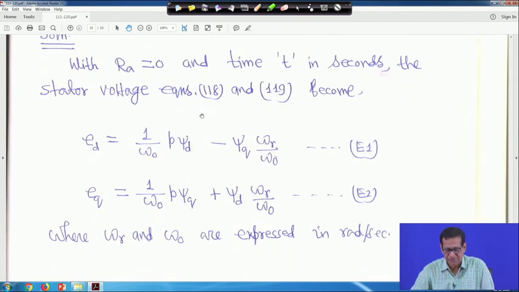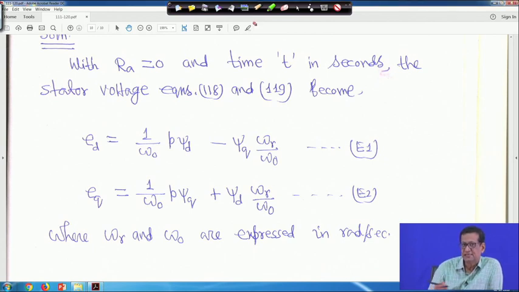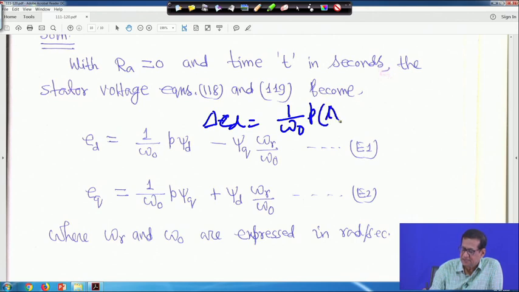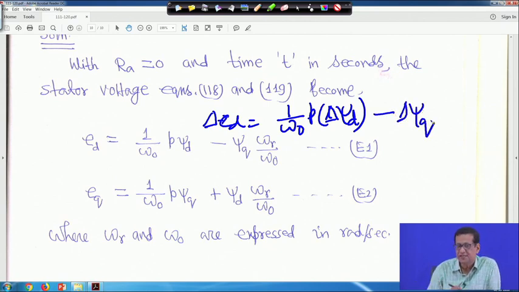Now, if you take the small perturbation of this equation, we will see in the next page that delta Ed is equal to 1 upon omega 0, P delta psi d, minus delta psi q into omega r by omega 0. But omega r is equal to omega 0, that we will write later.